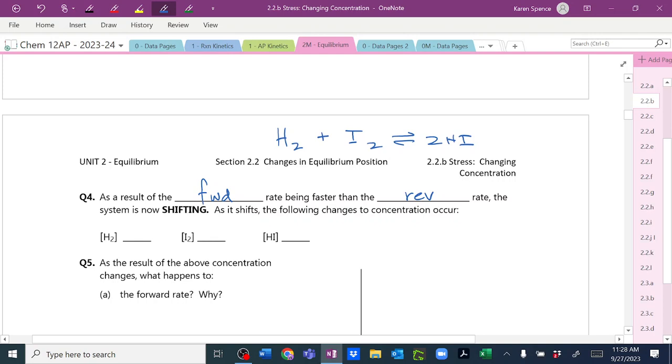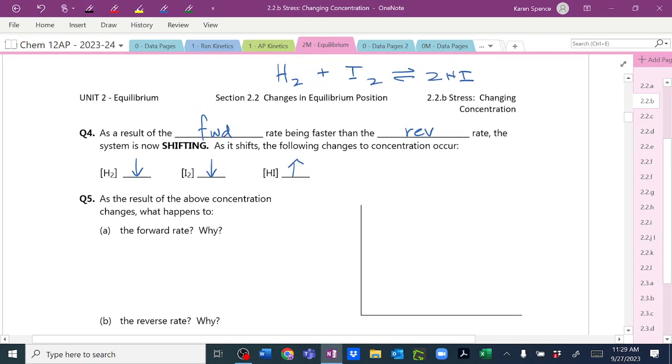What's going to happen to our concentration of H2? It's going to go down because the forward rate is using it up faster than the reverse rate is producing it. How about I2? I2 concentration is going to go down because, again, forward rate is using it up faster than the reverse rate is making it, and HI will go up.